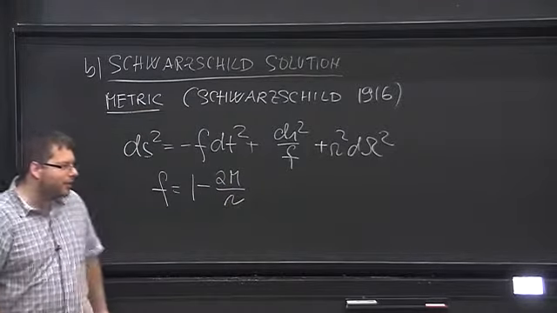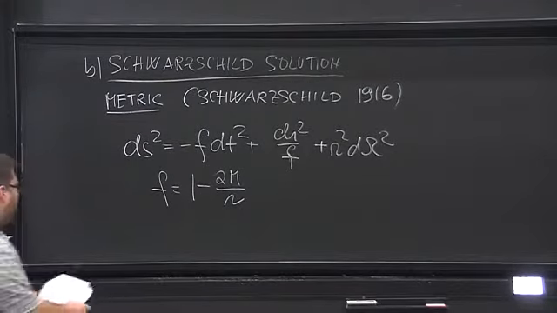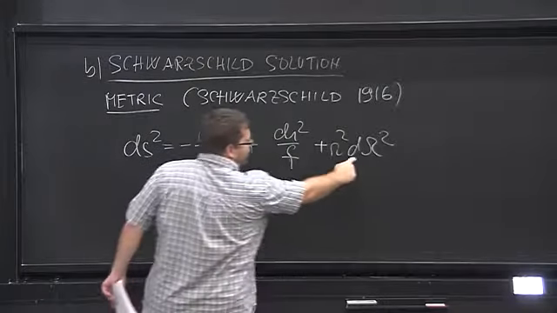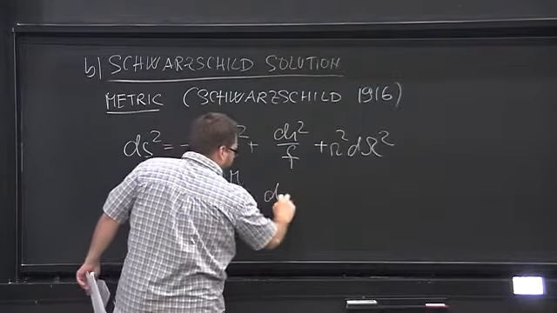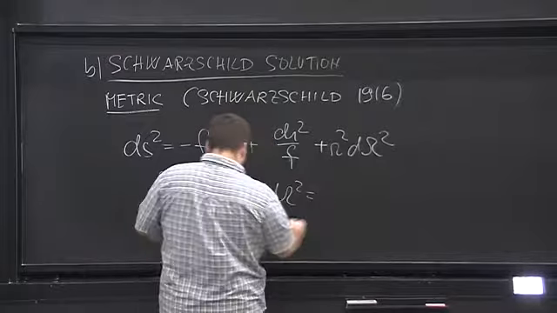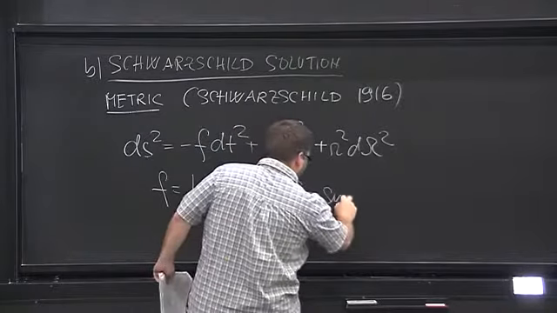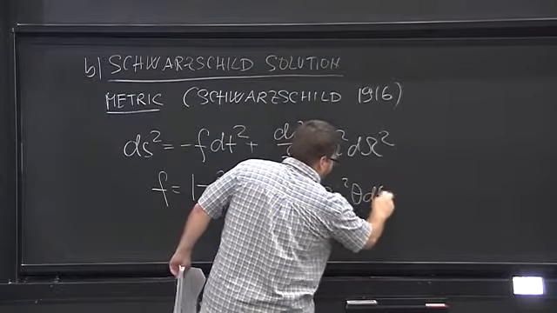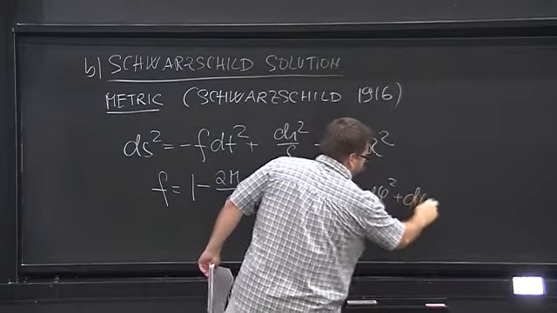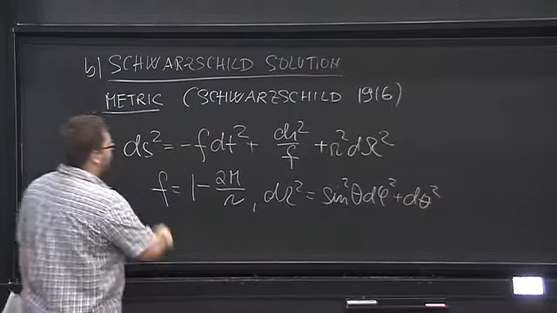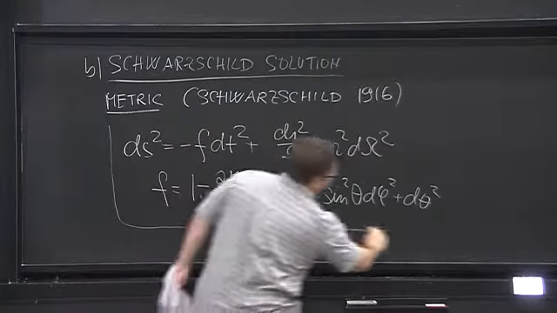I'm setting c and G equal to 1. And dΩ^2 is simply the metric on a sphere, so dΩ^2 = dθ^2 + sin^2θ dφ^2. Okay, so that's the metric.